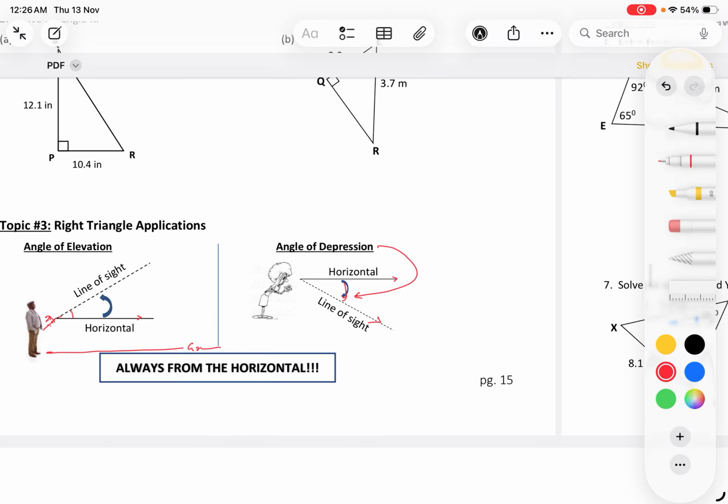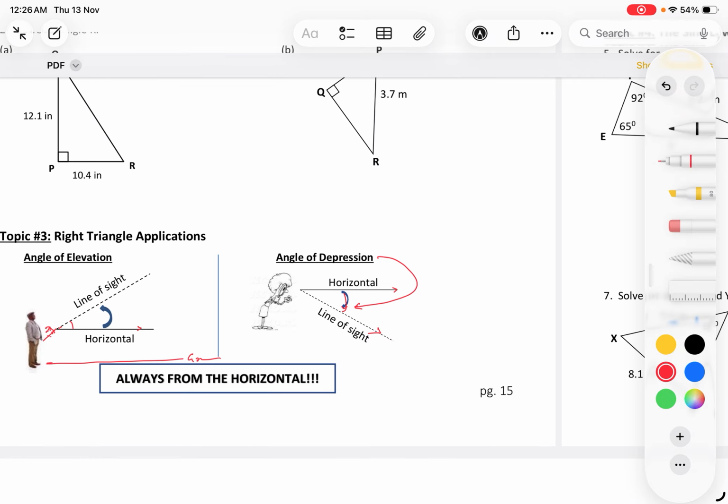One thing more which should be noted, that angle of elevation and angle of depression are equal. This is the angle of elevation if you are standing here at point say P, and if you are watching it from point Q, this will be the angle of depression.